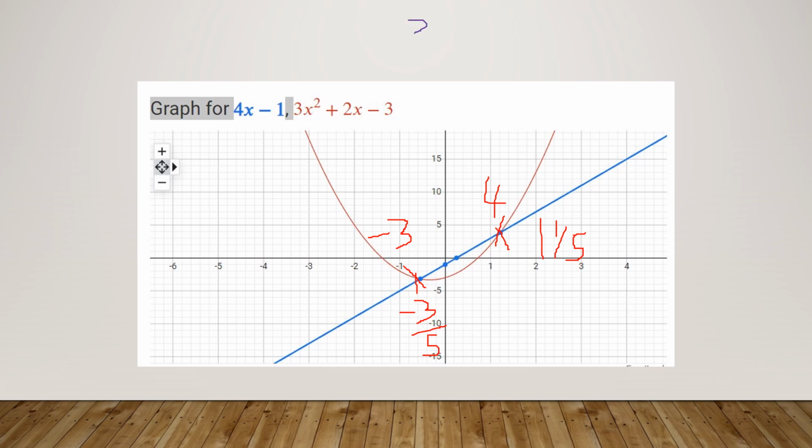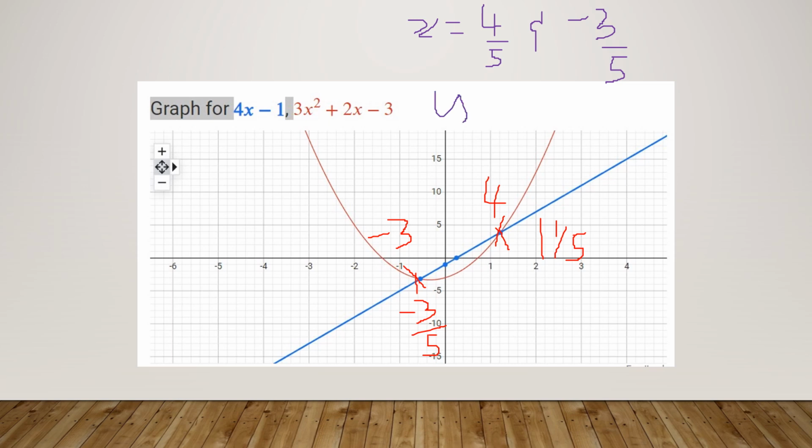So the solution is x is equal to 1 and 1/5, and minus 3/5.